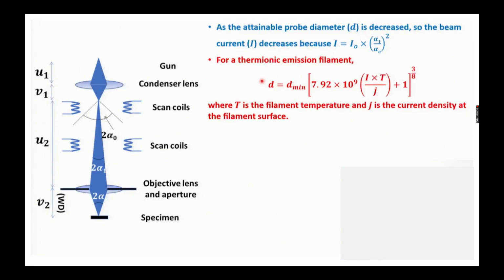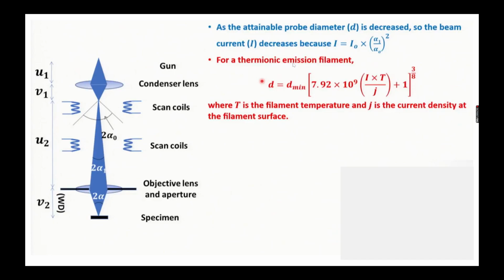So probe size should be small. When it is small, then you will be able to get the signals also. The main motivation behind using a suitable probe size is to generate a sufficient signal. Sufficient signal means the beam current. Then only your detector will be able to detect the signals coming from your sample.